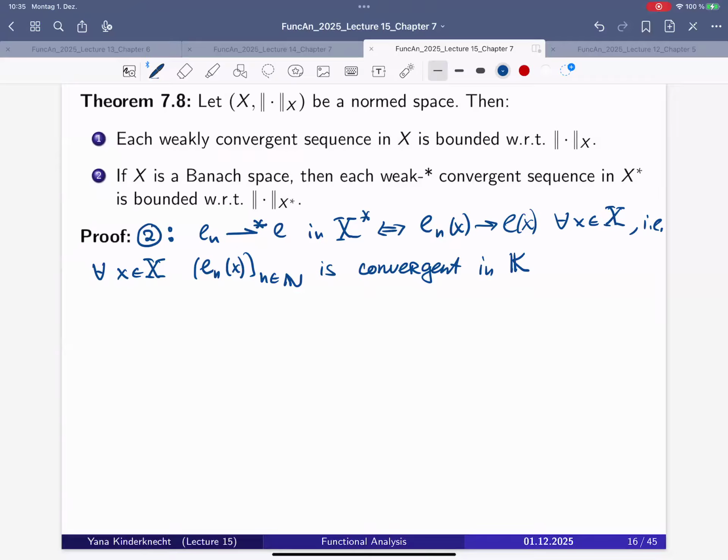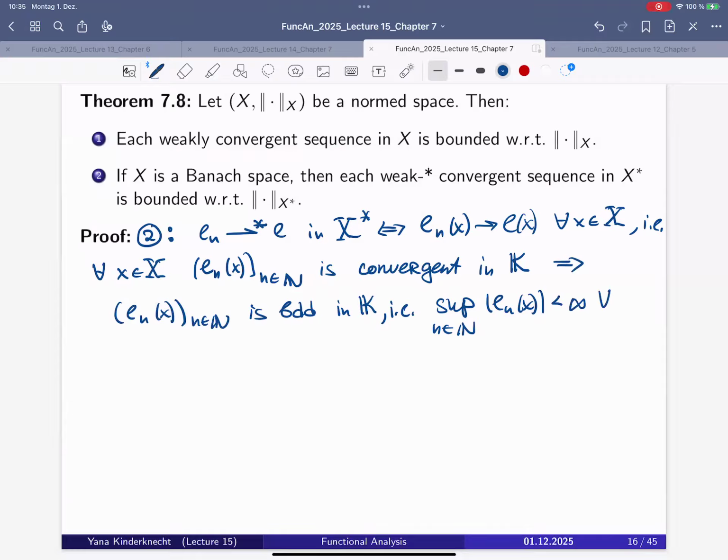But in this case, we know that if we have a convergent sequence of scalars, then this sequence is bounded in K. That is, the supremum over all n of the absolute value of L_n of x is smaller than infinity for each fixed x in X. Is it clear so far? Yes. Okay. But what does it mean?